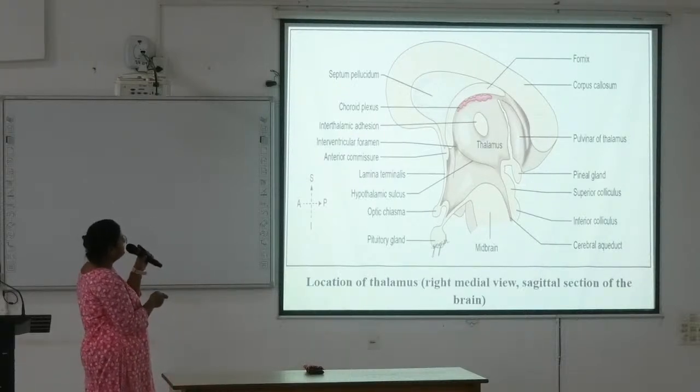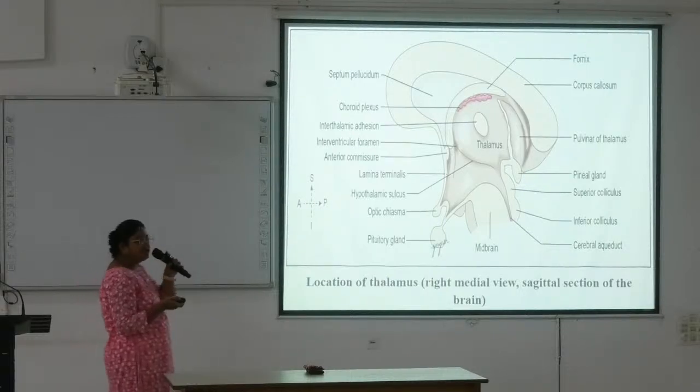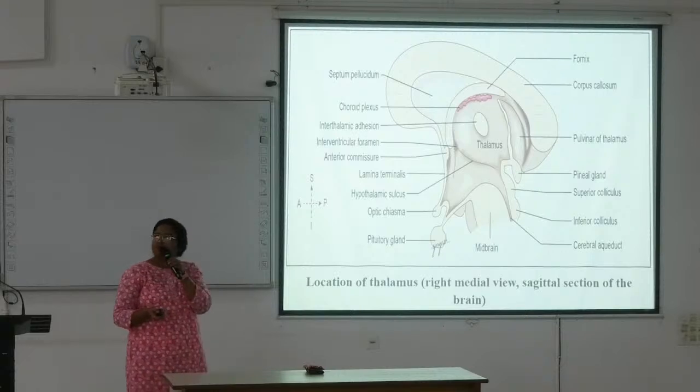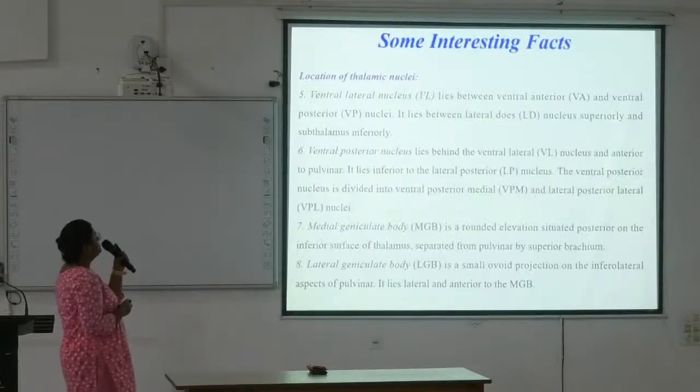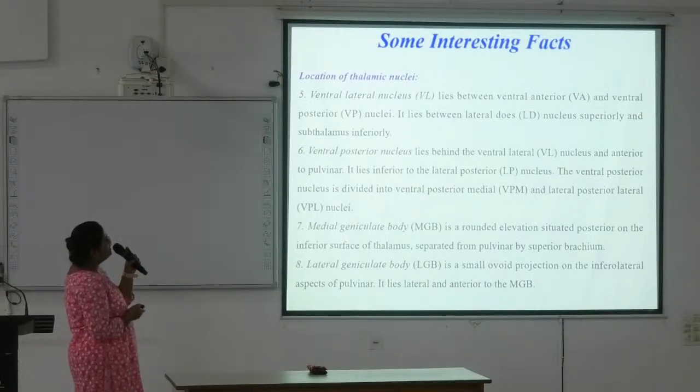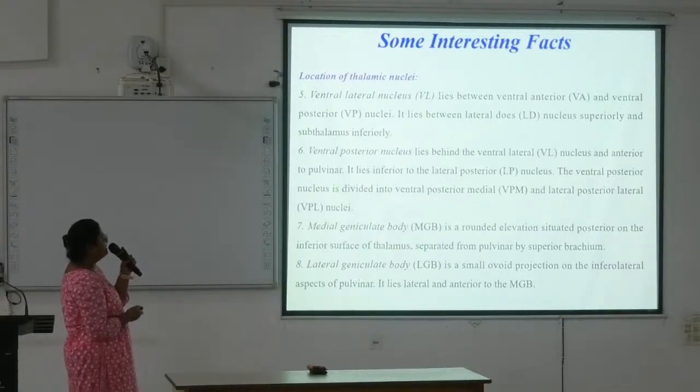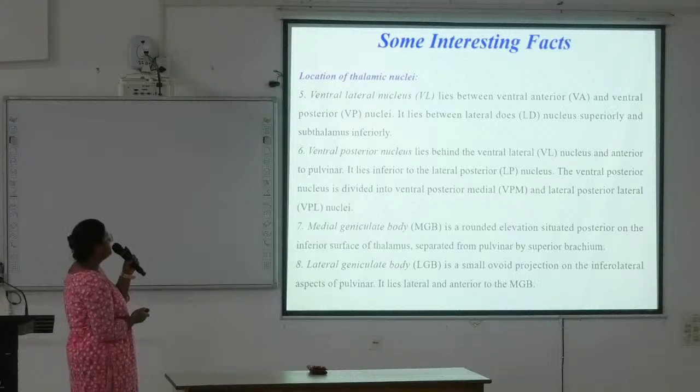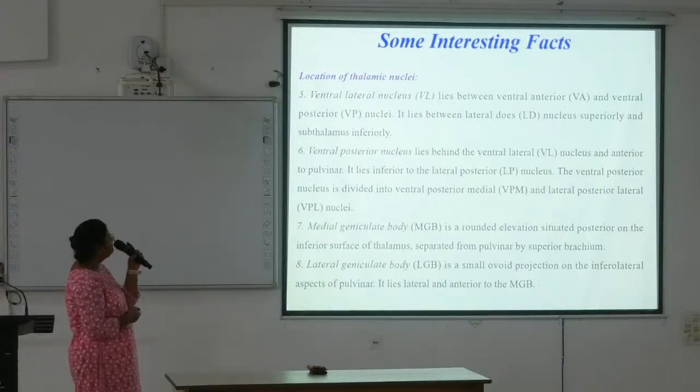Okay, interthalamic adhesion, and medial to the thalamus lies the third ventricular cavity. Next, ventrolateral nucleus lies between ventral anterior and ventral posterior nuclei, and it lies between the lateral dorsal superiorly and subthalamus inferiorly.